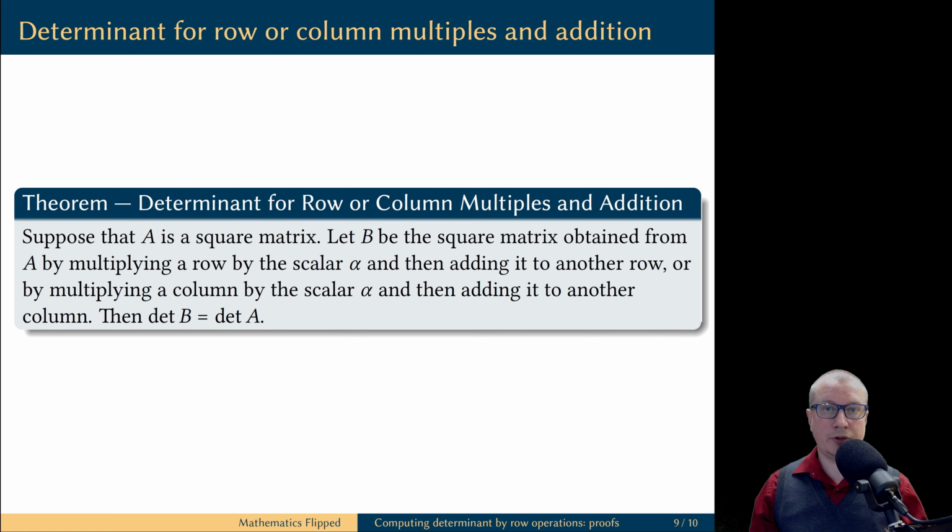Now, we are ready to prove that the row replacement operation does not change the determinant of the matrix. The same is also true for columns.